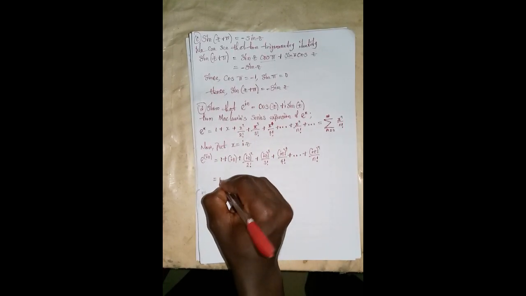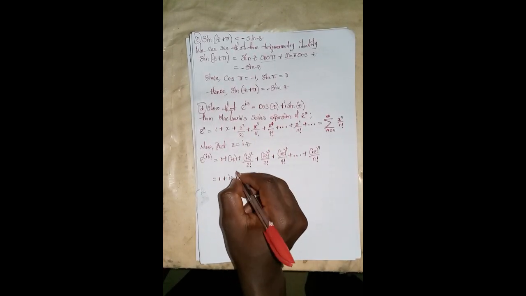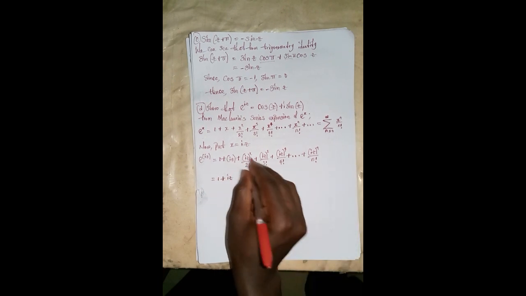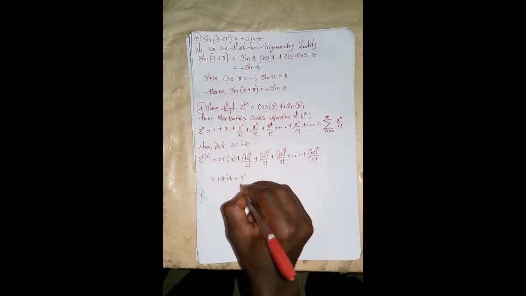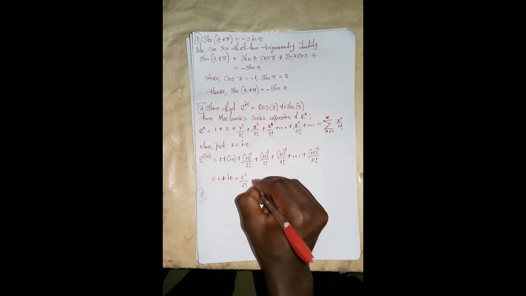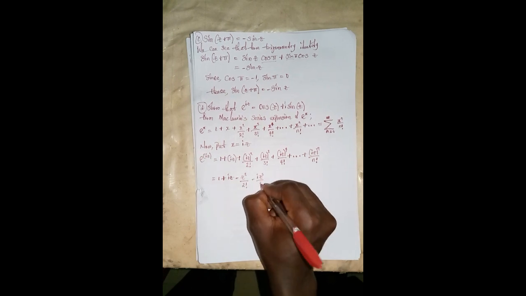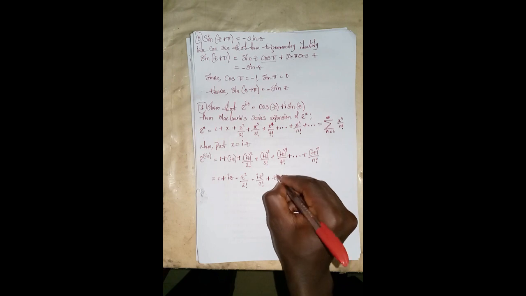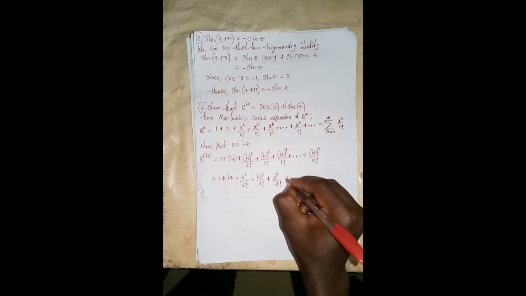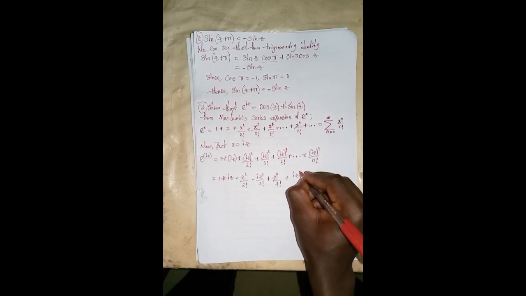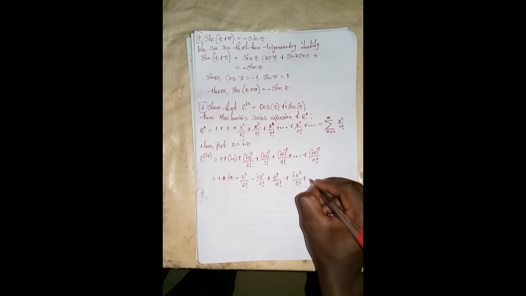Now we have this equal to 1 plus iz. If we resolve this in accordance with complex analysis, we have negative z squared over 2 factorial, negative i z cubed over 3 factorial, plus z to the power of 4 over 4 factorial, plus, and so on, till infinity.